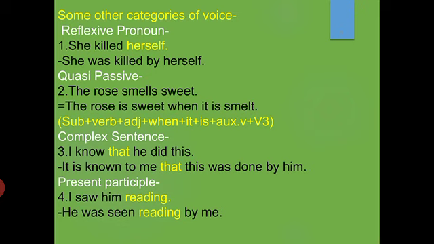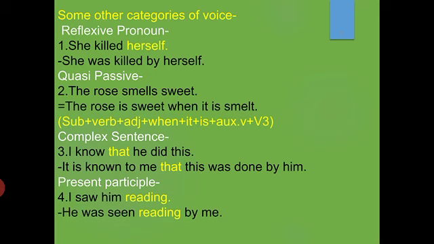Present participle. I saw him reading. Here reading is a present participle because there is verb plus ing. There can arise a question in your mind: reading may be V1.